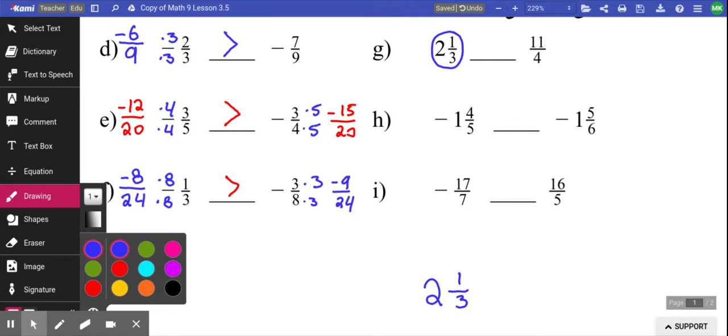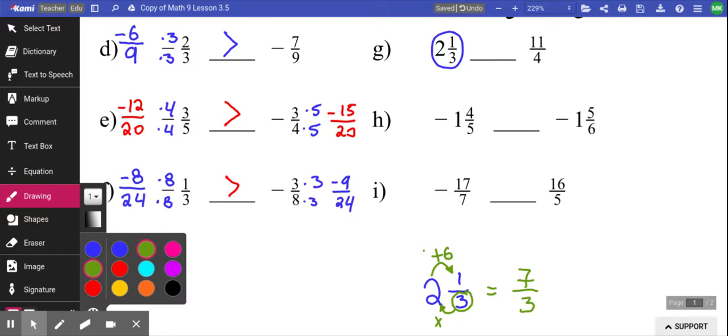The way we converted this was we took the bottom number, multiplied it by 2, and then added that number to the top. So 3 times 2 was 6, so I add 6 to that top number, and it becomes 7/3.